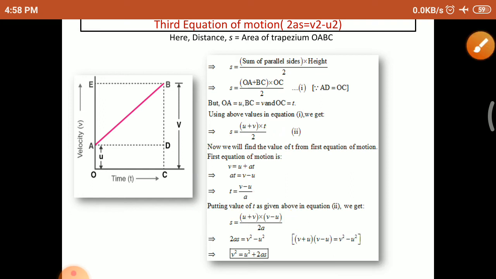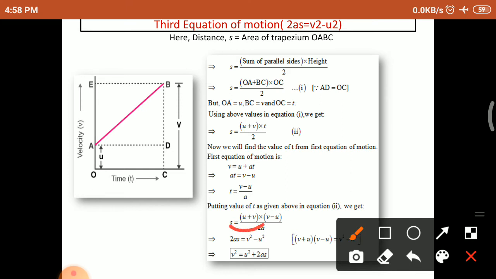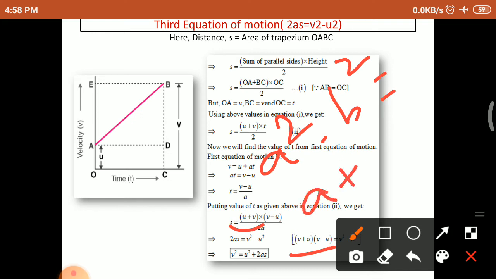Now the 2 will come here, so 2as equal to u plus v into v minus u. In maths we know that a squared minus b squared equal to a plus b and a minus b.